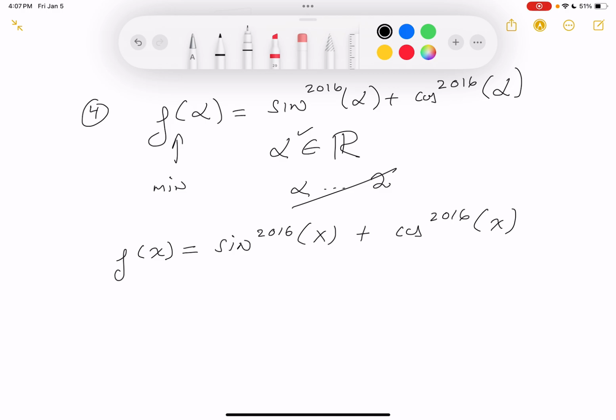And what I want to do is use calculus. So I'm going to write the derivatives down now. Again, I'm trying to minimize this, and calculus will help me do that.